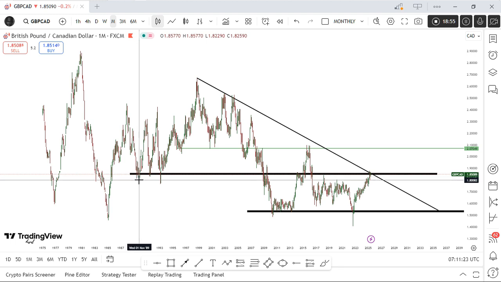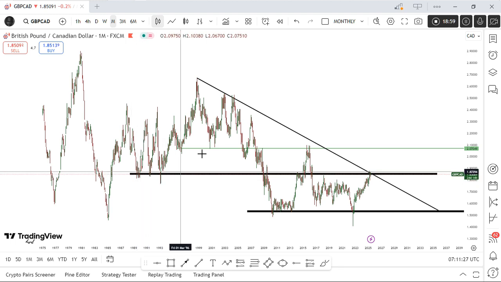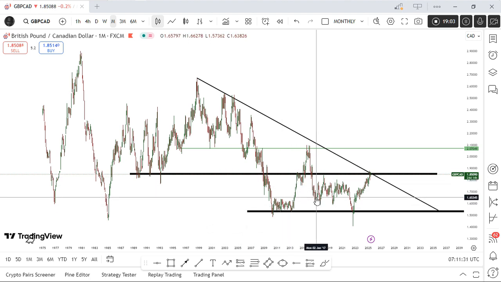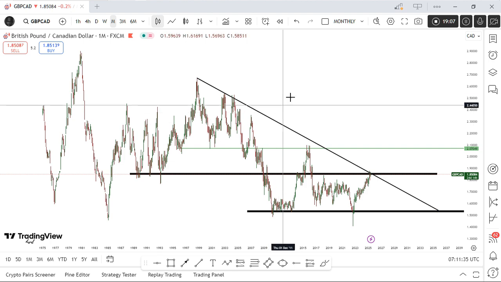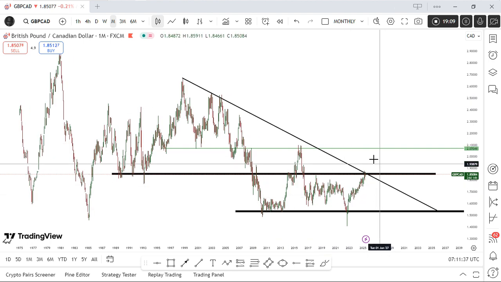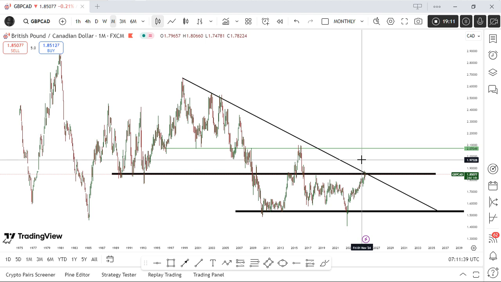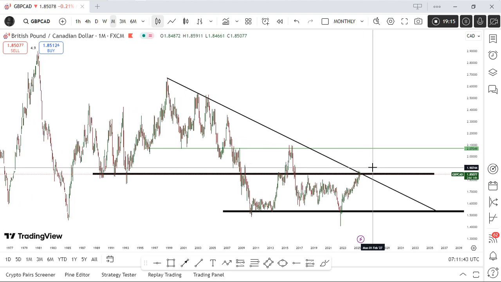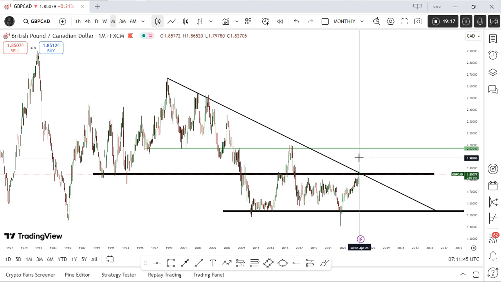1889 is a very strong zone that every time price touches it, there's always a reaction. Now, price has touched it again in the year 2025, and the moment it touched it, there was a reaction as well.